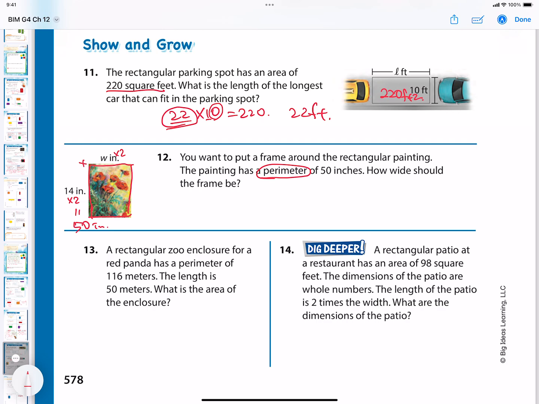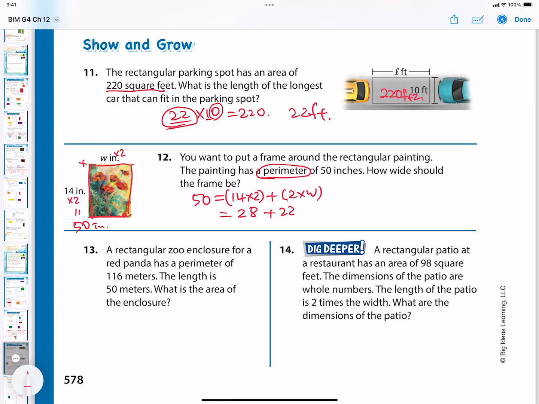Okay, how wide should the frame be? This is too easy, so I'm not going to solve it. But I'm going to tell you 50 is equal to 10 times 2, which is 20, plus 2 times W. So 20 plus what is going to make 50? Yeah, 30.